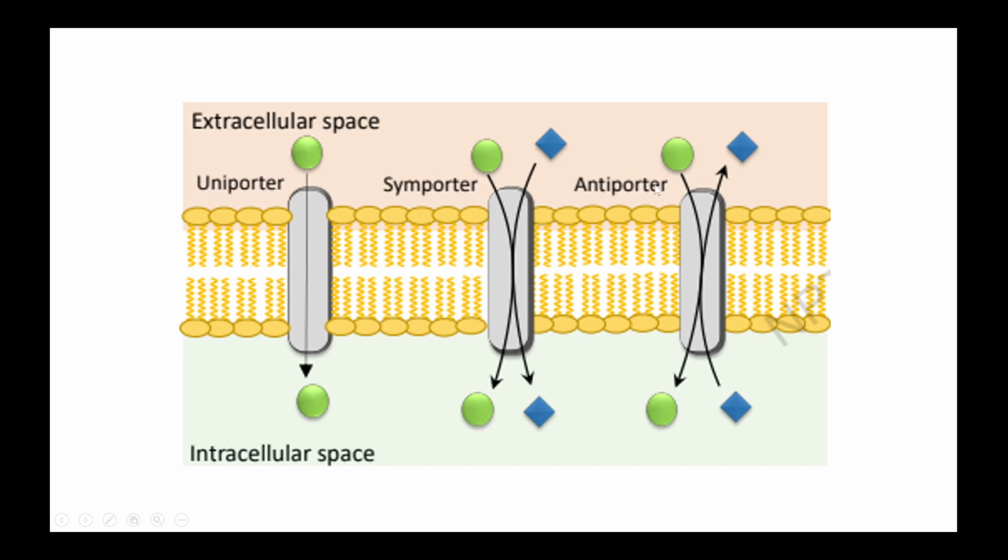And antiporter is where one substance is transported from outside to inside, and at the same time another substance is transported from inside to outside. That is antiporter because the directions are opposite, so anti. Symporters transport together, and uniporter transports only one substance in one direction.